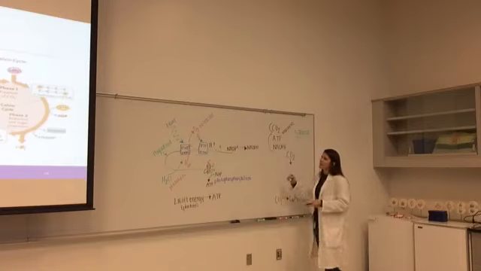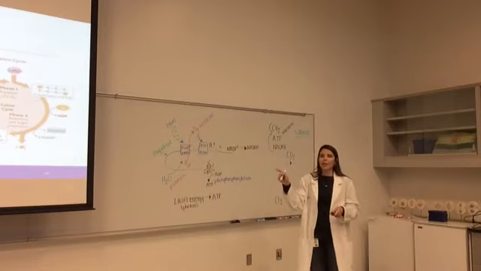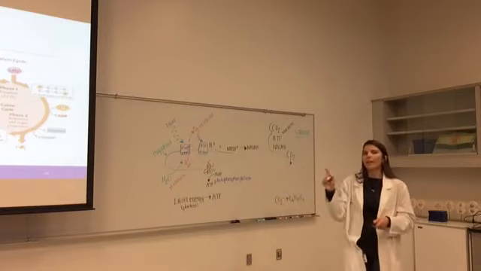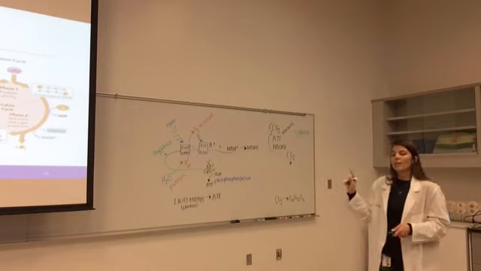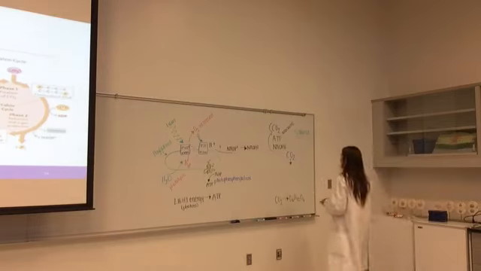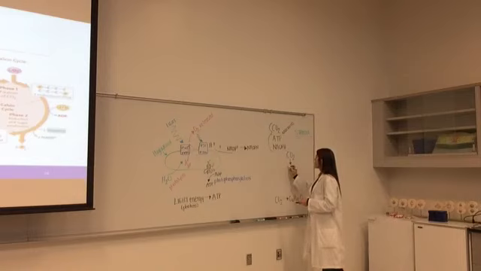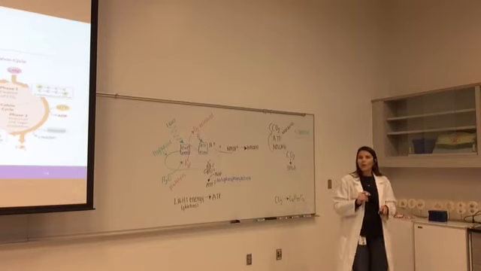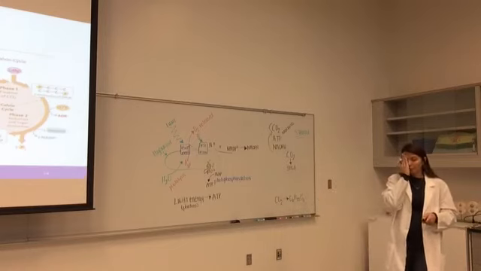And then as this process spins, as the Calvin cycle is carried out, CO2 is converted to 3-PGA.